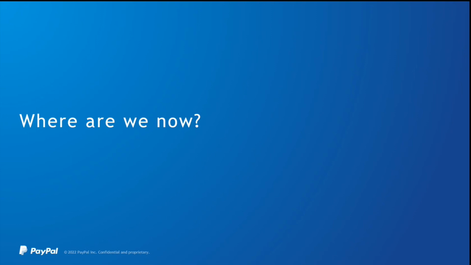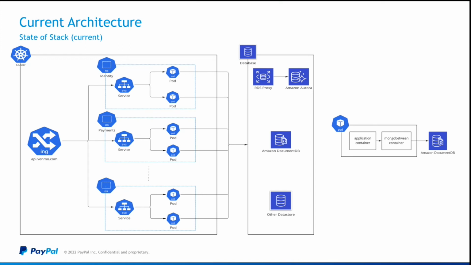So let's take a look at where we are now. As you saw initially in the presentation, during the first half of the year we were running a single namespace where every endpoint was living in a single namespace. As we moved across and did the namespace separation, we currently have multiple namespaces where different endpoints are routed to different namespaces.